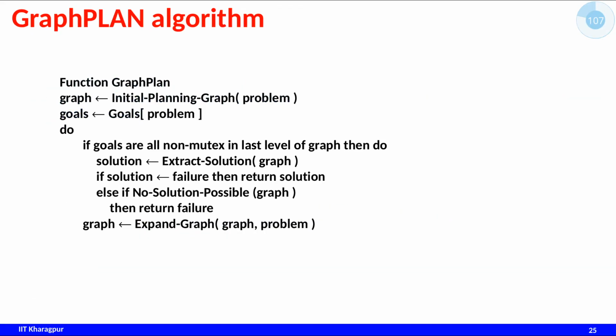So the overall algorithm, the way it will actually work, is we take the initial problem and generate the goal state from the given problem. If the goals are all non-mutex in the last level of the graph, then we try to find a solution.